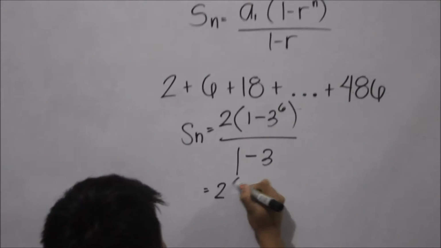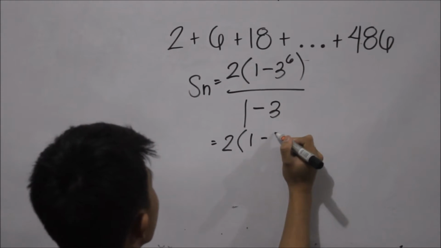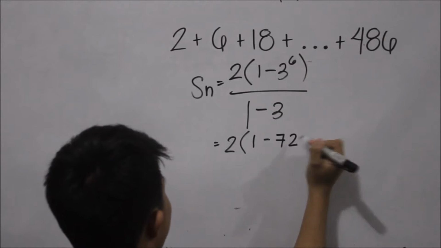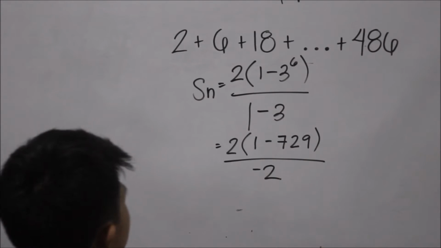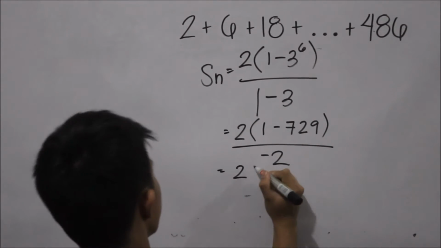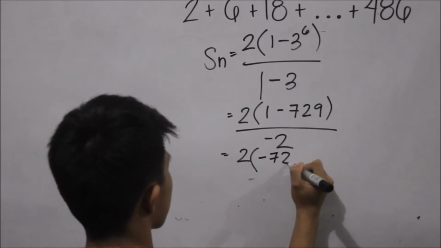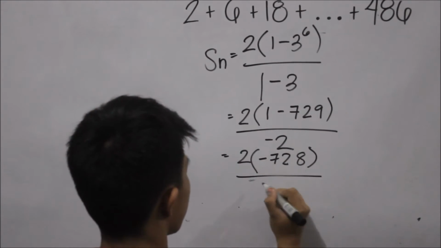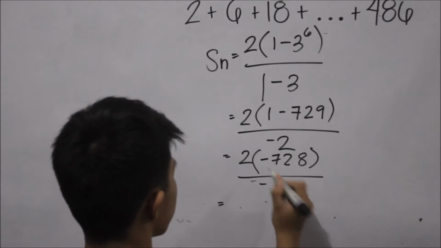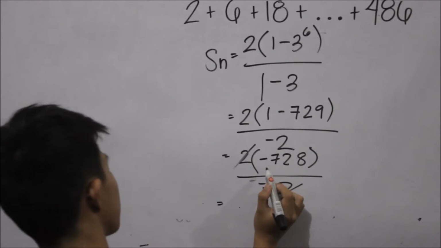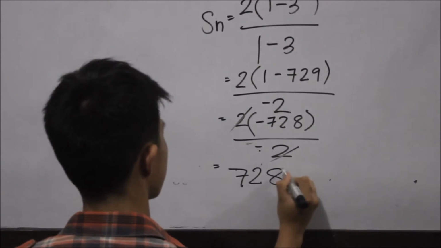So 2 times 1 minus 3 raised to 6, which is 729, over negative 2. So 1 minus 729 is equal to negative 728 over negative 2. So let's just cancel the 2. And negative divided by negative is positive. So the answer is 728.